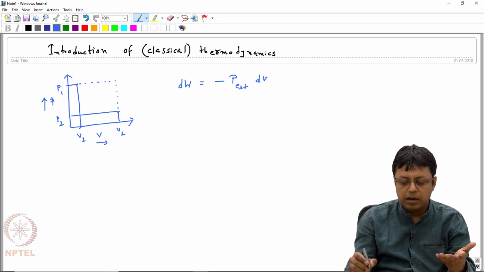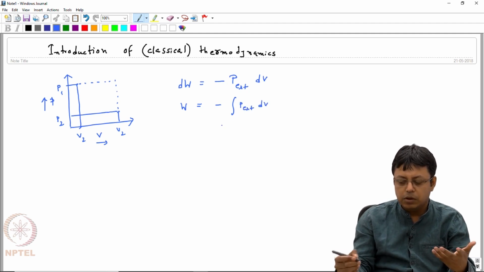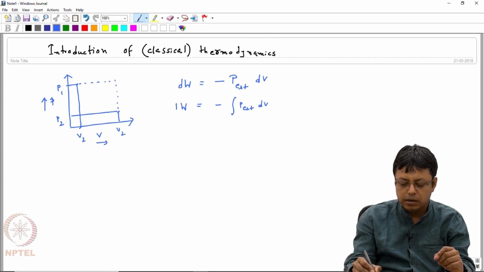And for any finite value, the work done will be nothing but the integration of P external times dV, where the volume change is within finite limits.